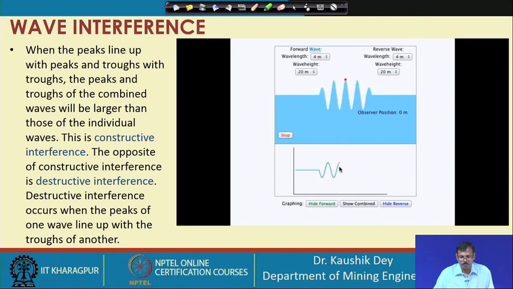By showing just the two waves and then adding the combined, we can see the features of this interaction. Each wave individually is equal to the other because their wavelengths and wave heights are the same, and they are in phase.